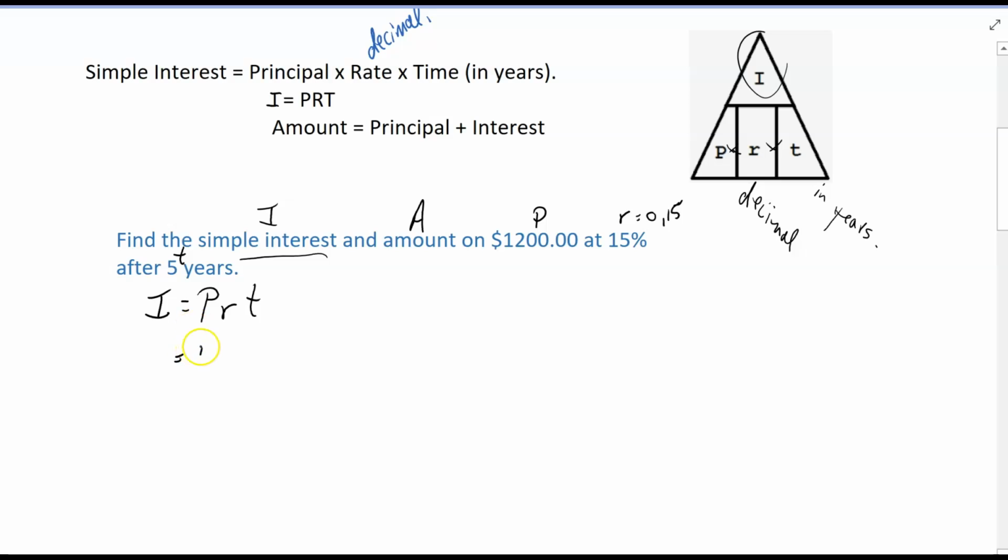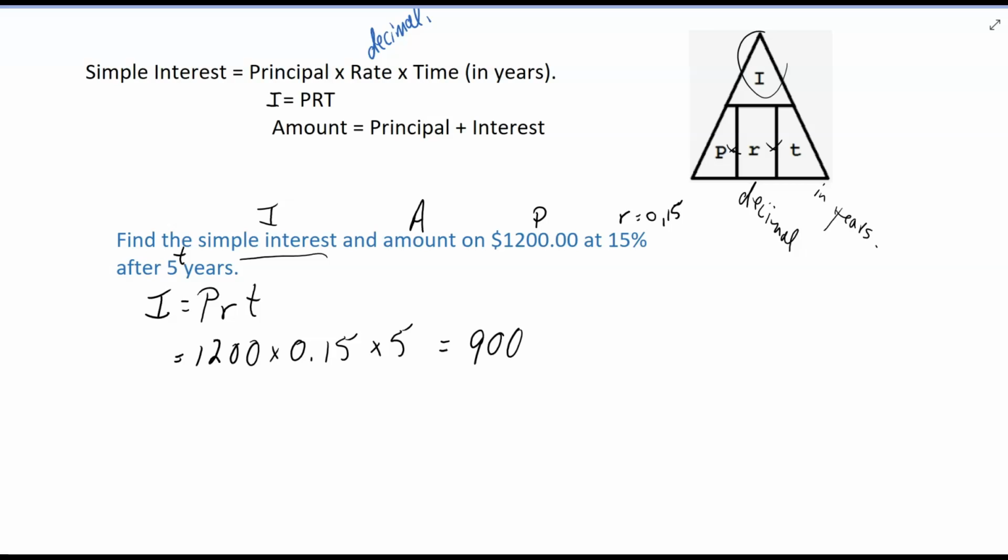So we will multiply 1,200 times 0.15 times 5. And that will give us the interest that is charged for borrowing this $1,200 at 15% for 5 years. And that will be $900.